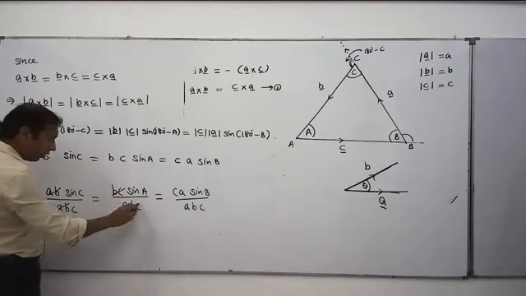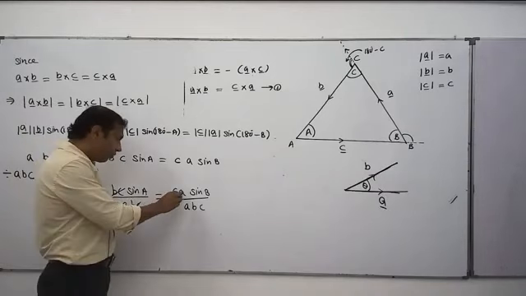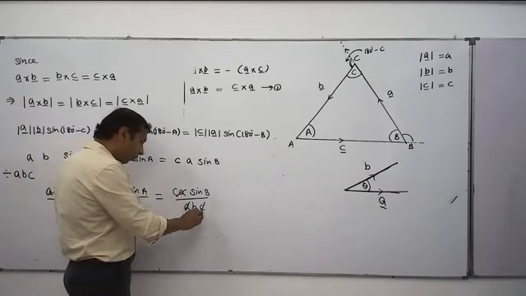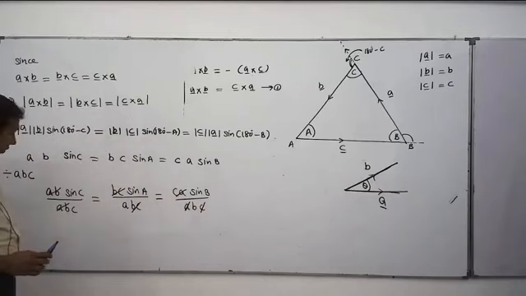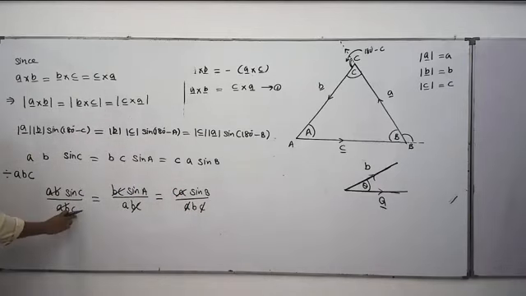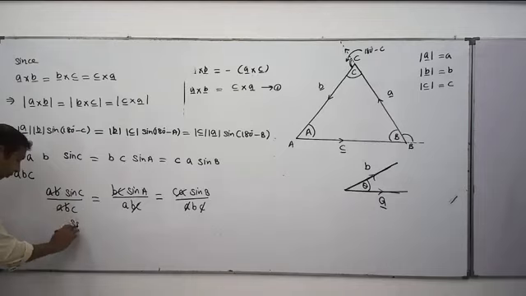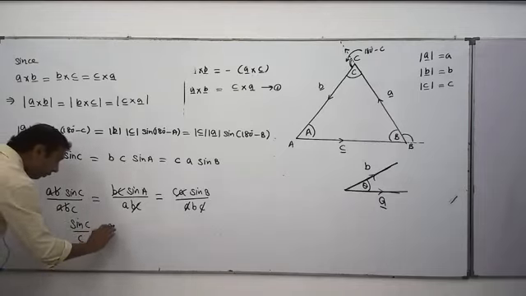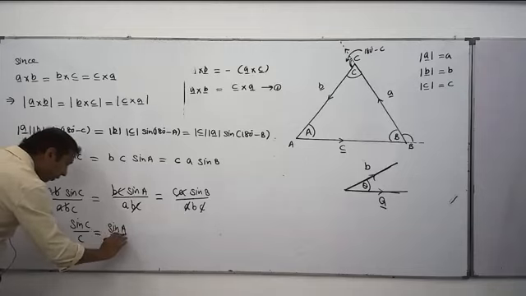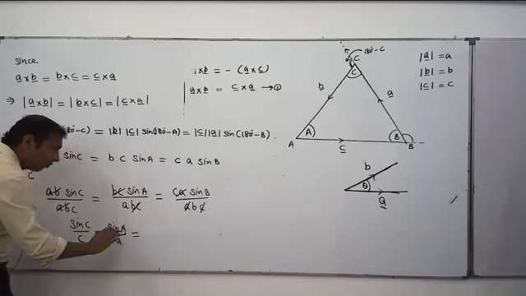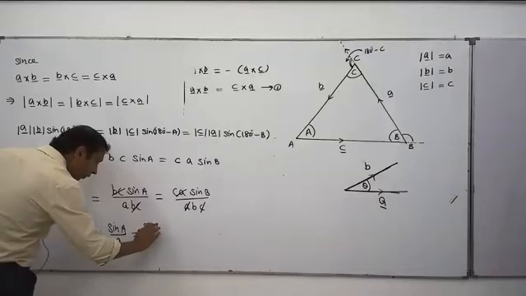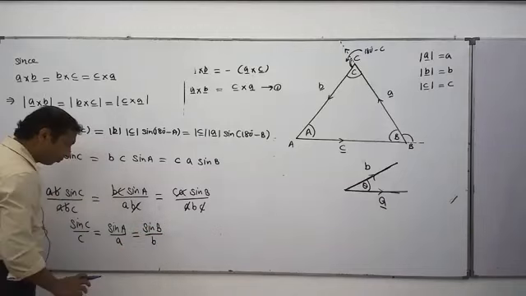This BC and this you can cancel down. This CA you can cancel down with this. Then what do you get? Sin C by C equals sin A by A equals sin B by B.